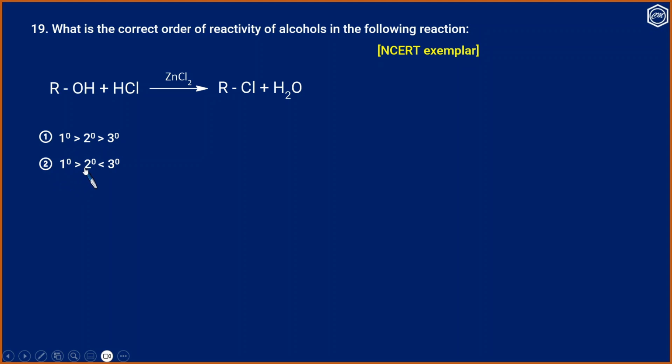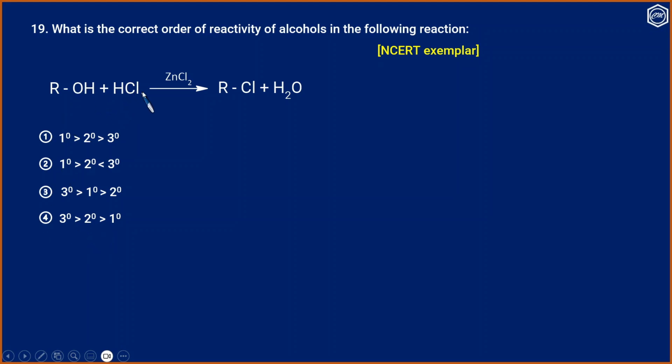Option 2, primary greater than secondary less than tertiary. Option 3, tertiary greater than primary greater than secondary. Option 4, tertiary greater than secondary greater than primary.